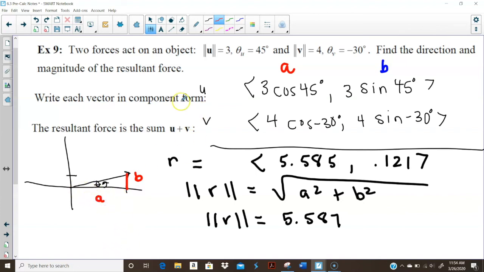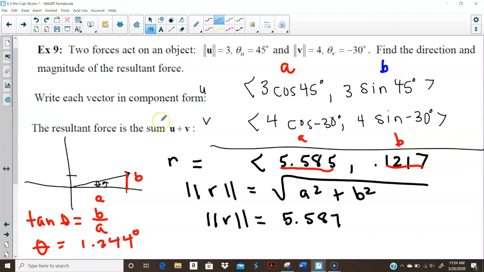That's A. So if we do the tangent of theta is equal to B over A, and you can have those numbers stored in your calculator, then you're going to end up getting an angle of 1.244 degrees. So that is the direction of the two forces.